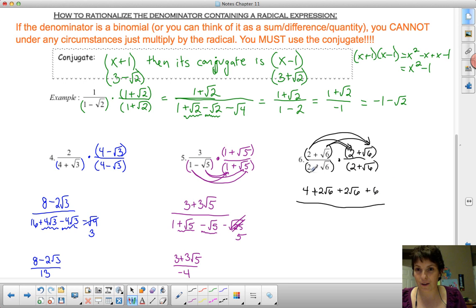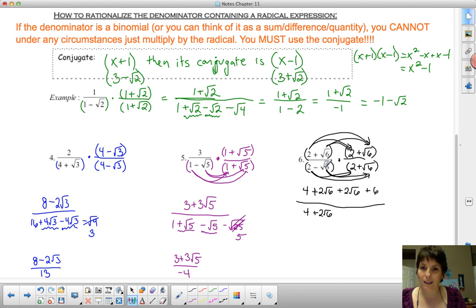In the denominator, we have another FOIL. This one is a conjugate pair, so we should see the middles drop out. We should see 1 plus, 1 minus this time. 2 times 2 is 4. 2 times root 6, so plus 2 root 6.